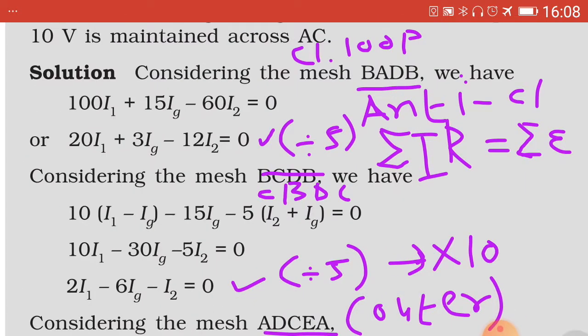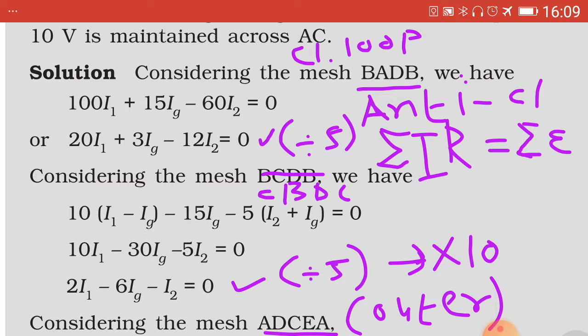Say first one, I had already explained you how this equation comes. 100 I1 plus 15 Ig minus 60 I2 equal to 0, because sigma IR equal to sigma E using Kirchhoff's second rule and in anti-clockwise direction. So now dividing each term of this equation by 5, we get 20 I1 plus 3 Ig minus 12 I2 equal to 0, which has been tick marked.